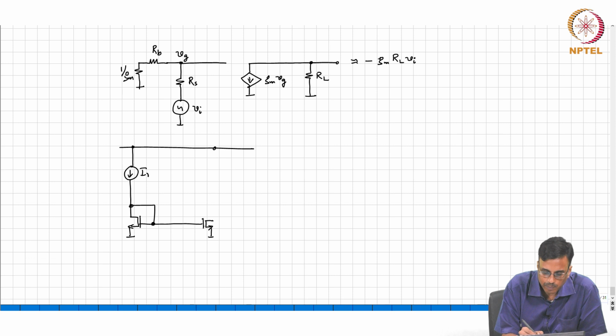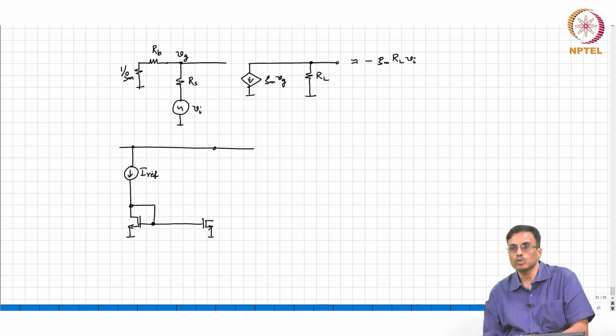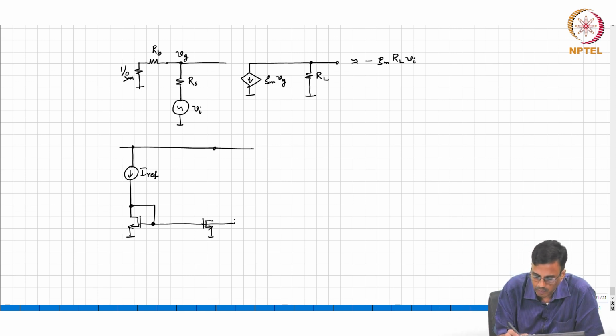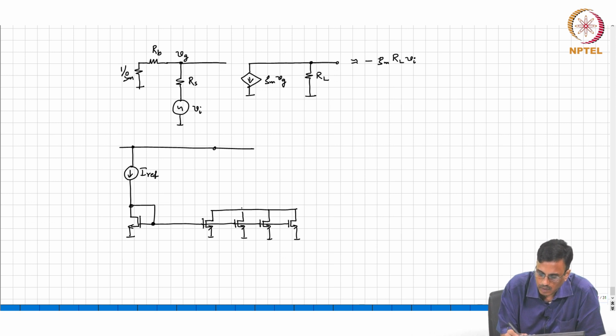If you want, for example, 4 times Iref, what do you think you should do? Oh, well, it's pretty straightforward, right. I'll make 4 copies of the transistor, and since all these transistors are identical, the current flowing in this leg is basically 4 times Iref.